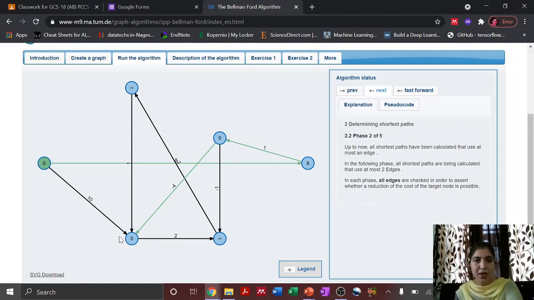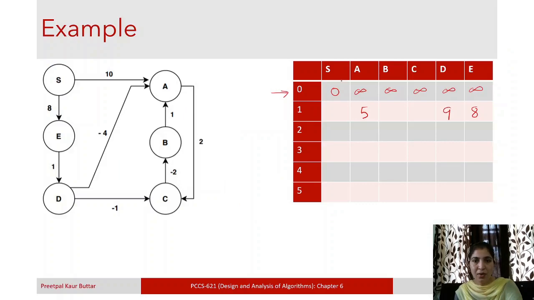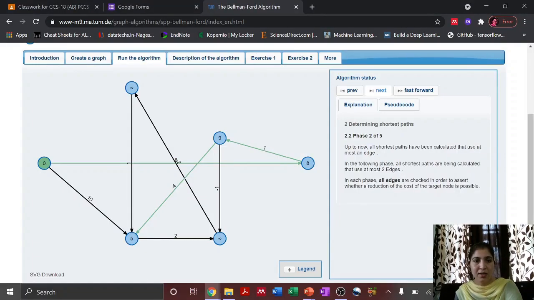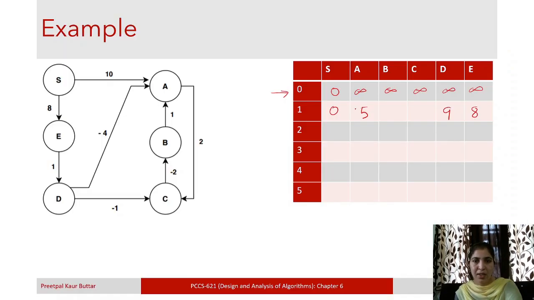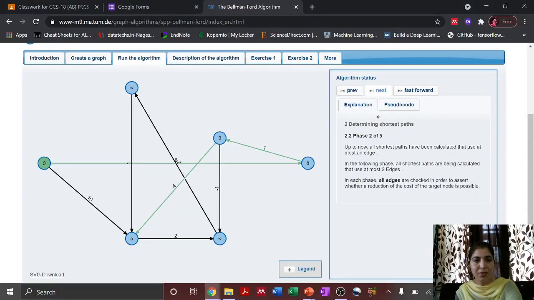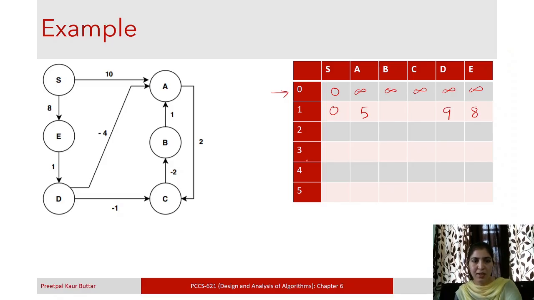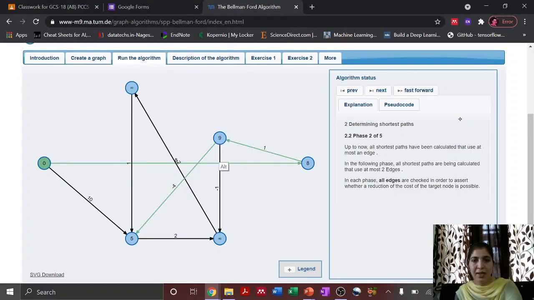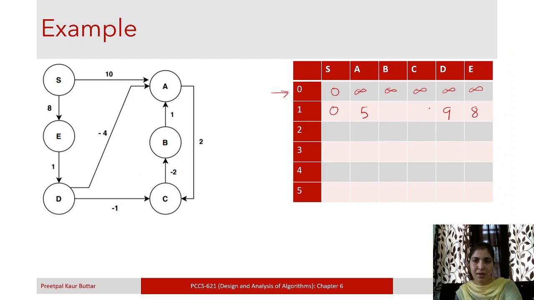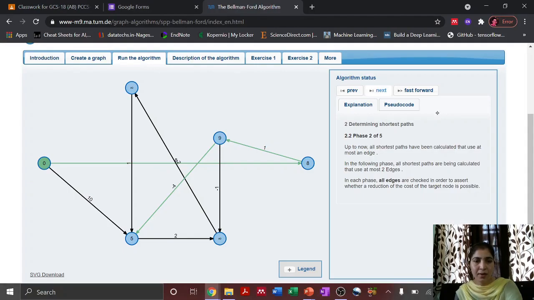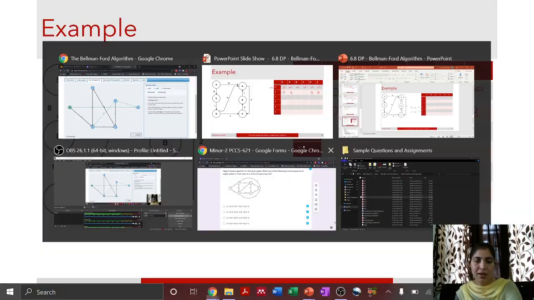The values we are getting are 0 at the source node, then A's distance is 5, then I think E, which is 8, and 9, this is D. All the others are infinity.